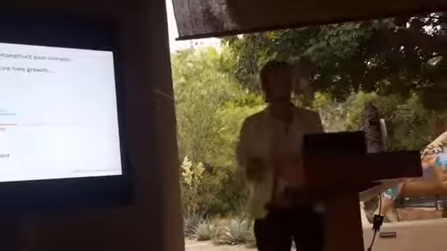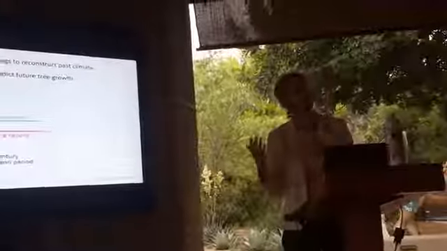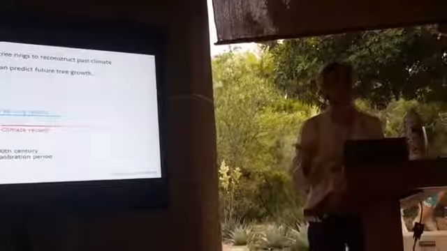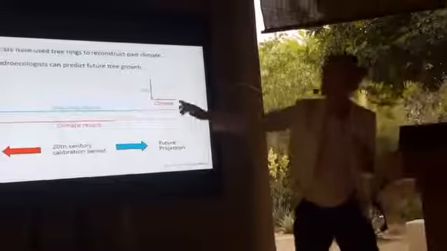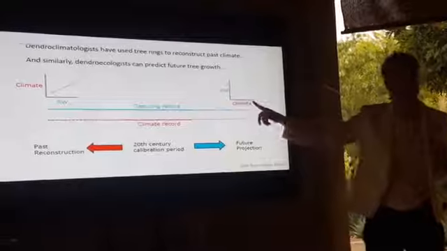So similarly, dendroecologists can use this same kind of statistical relationship between variation in climate and variation in tree growth, variation in the width of these rings, to then take a projection about future climate, so these IPCC scenarios, and then predict the width of the rings as a function of future climate.